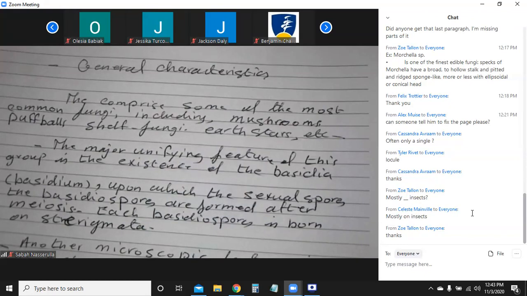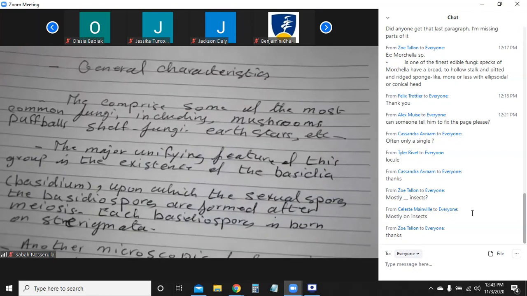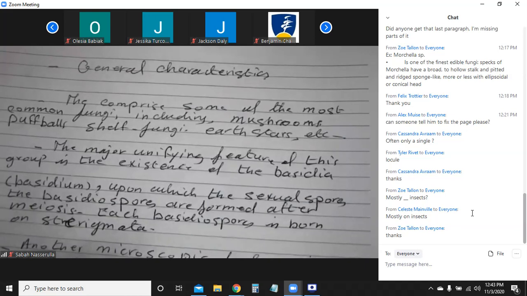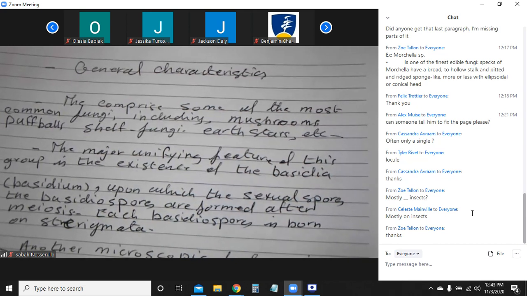Clamp connections are produced in the dikaryotic mycelia, meaning the mycelia which contain two nuclei, during cell division.